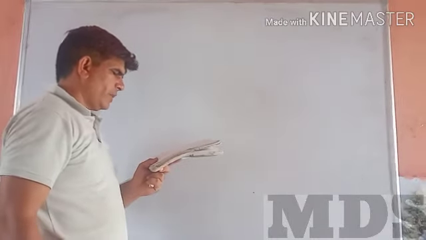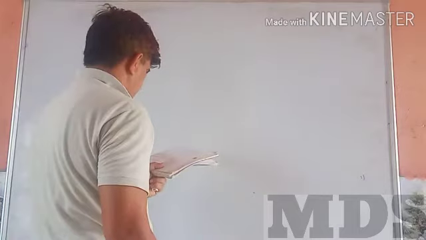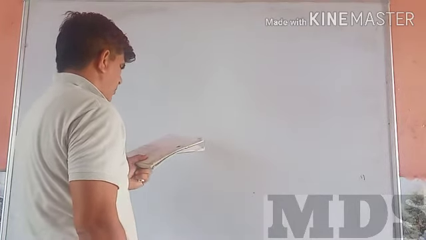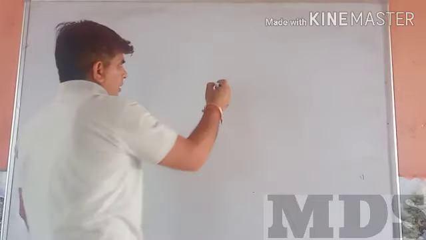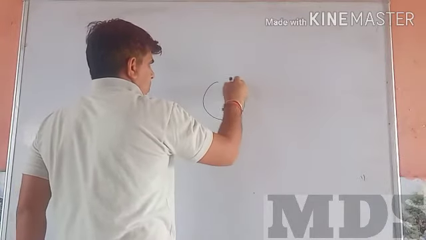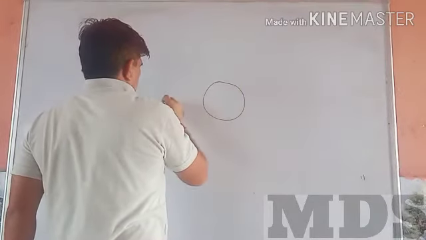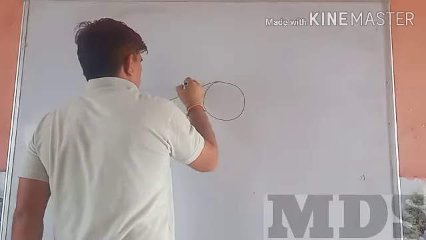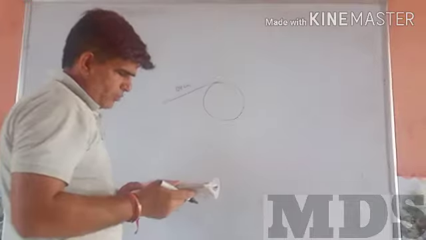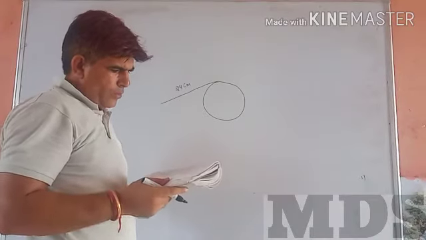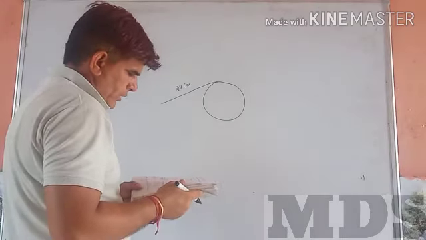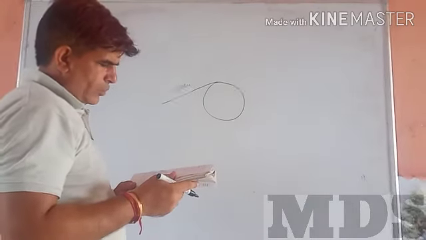Then the radius of the circle is this. So what is given? From a point Q, the length of the tangent to a circle is 24 centimeter.